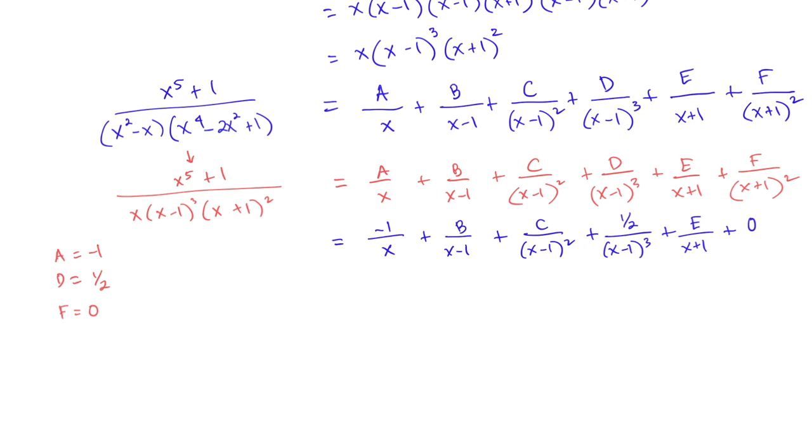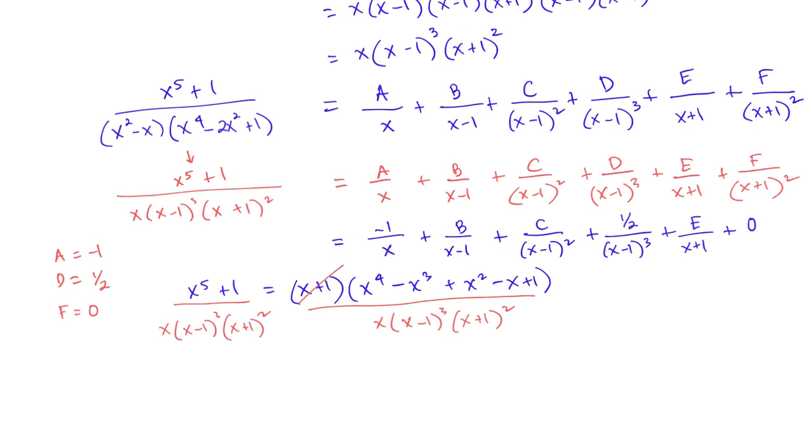We get rid of the factor (x plus 1) squared, but then the least common denominator is now missing an (x plus 1) squared, and that is because x to the fifth plus 1 can be factored as (x plus 1) times (x to the fourth minus x cubed plus x squared minus x plus 1) using the binomial theorem.